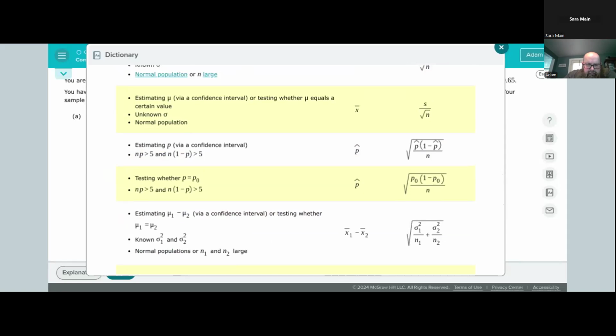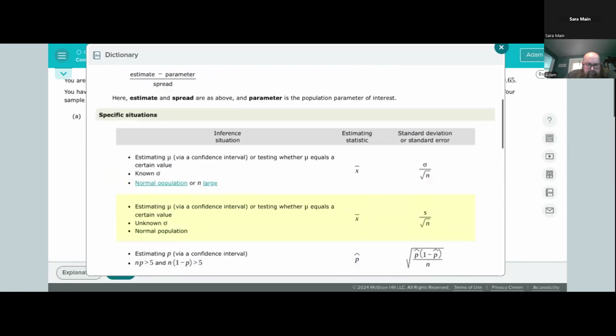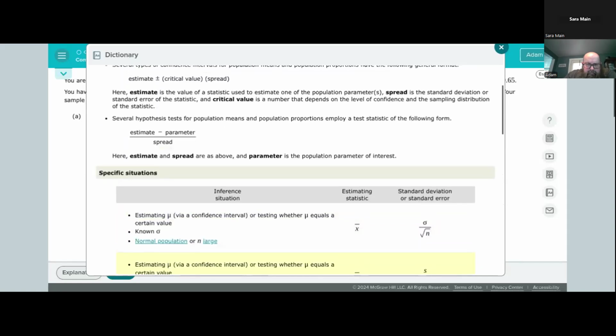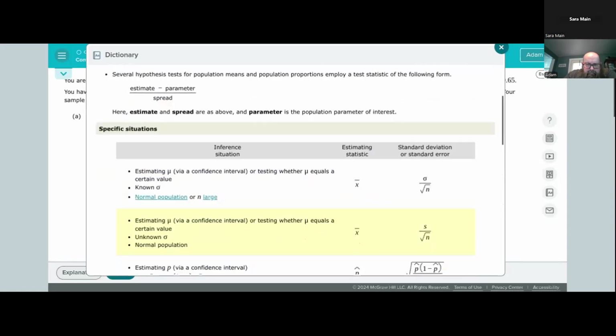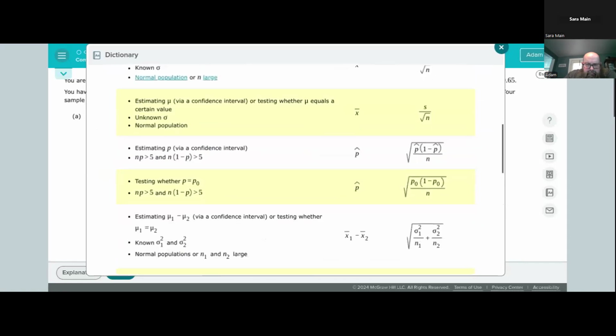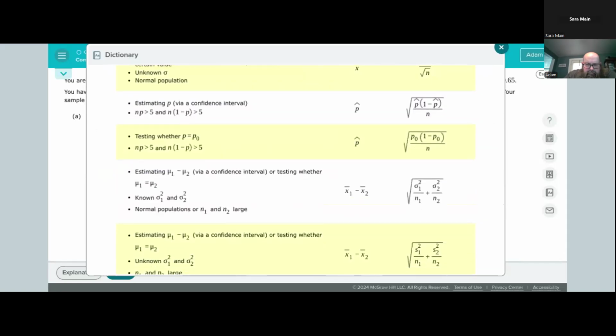Nope, not that one, sorry, scroll up. Estimating standard error, go down. I'm trying to find, okay, estimating p via the confidence interval. So our p hat is going to be there, and then we're going to take the square root of p hat times 1 minus p hat over n. There are a lot of p's in this equation.